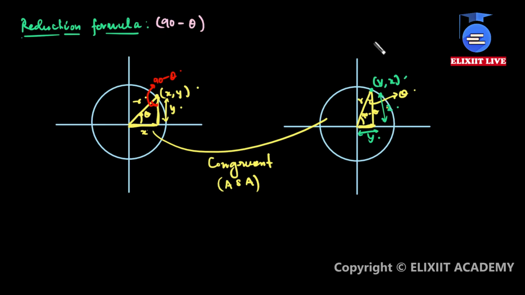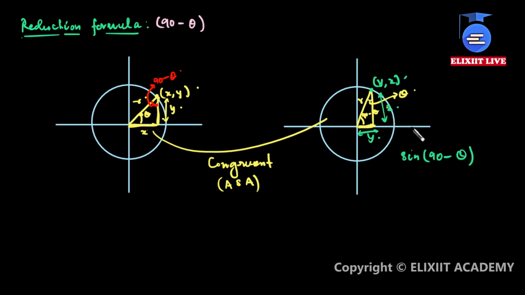Clear for all? Very basic concept. I'm simply using some basic geometry over here. So next, this is the reason for which you are getting sine 90 minus theta. If you focus on this particular triangle, sine 90 minus theta will become what?